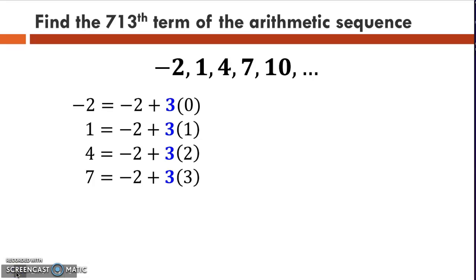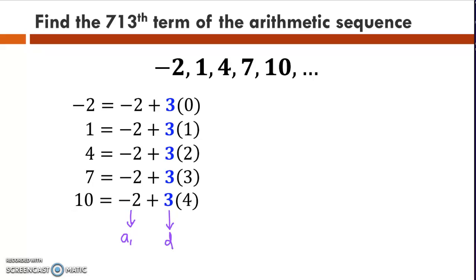Similarly, 7, if I take negative 2, I add 3 three times, I'll get to 7. 10, if I take negative 2 and add 3 four times, I'll get to 10. So, what is the negative 2? The negative 2 is our first term, and this 3 is D.